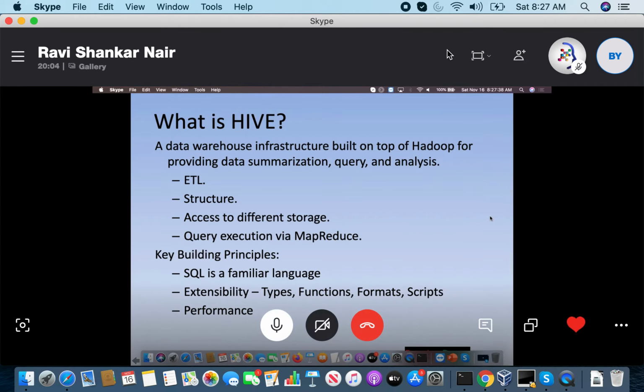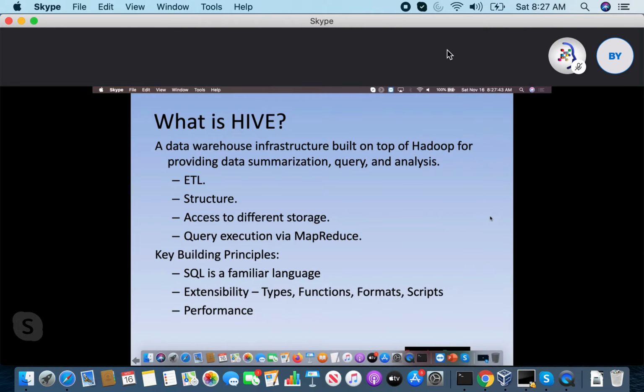In HDFS, whenever you store the data, is it schema on write or schema on read? Are you sure? Schema on read. In HDFS, when you put the data, are you telling that my data should be written like this? No. A normal database is schema on write, correct? But I didn't ask about a normal database. NoSQL databases, MongoDB, schema on read.